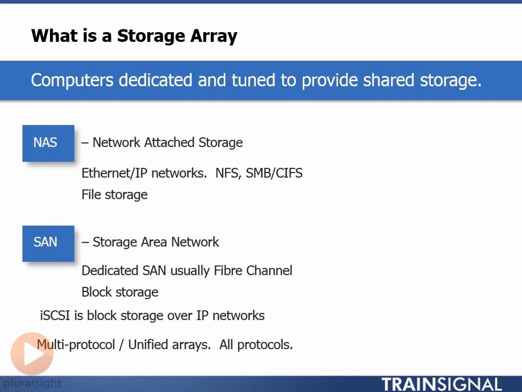In the case of Fibre Channel though, this is usually a dedicated high-speed, low-latency Fibre Channel network. Storage arrays share their capacity as either files, such as network file shares, or as block devices that we usually call LUNs or volumes. And last but not least, some storage arrays support multiple protocols concurrently. With that, let's take a look at why we have storage arrays.